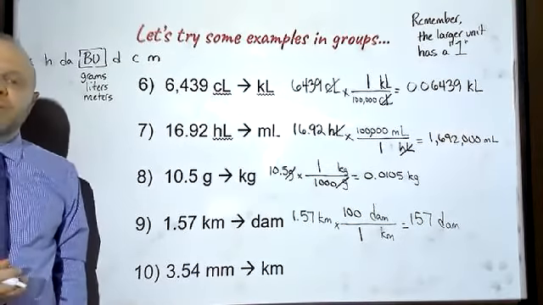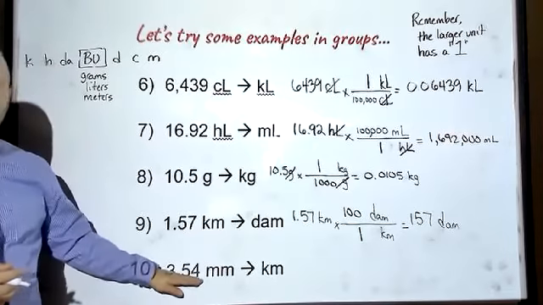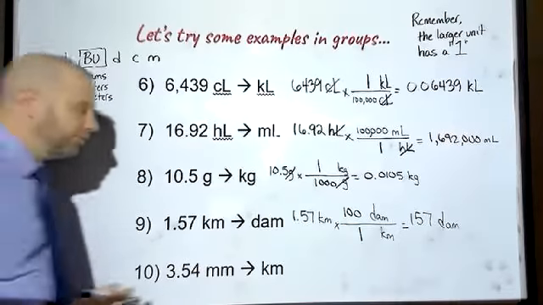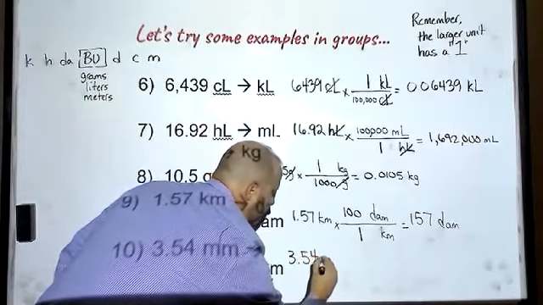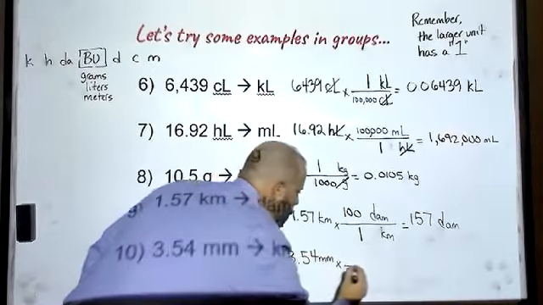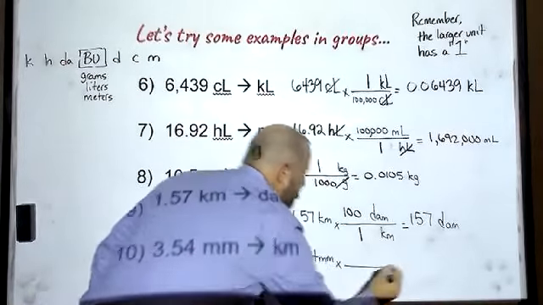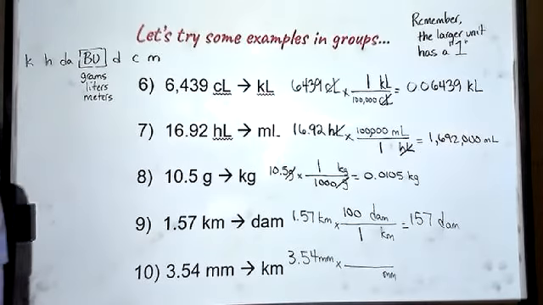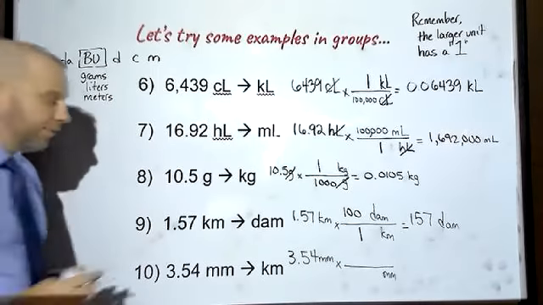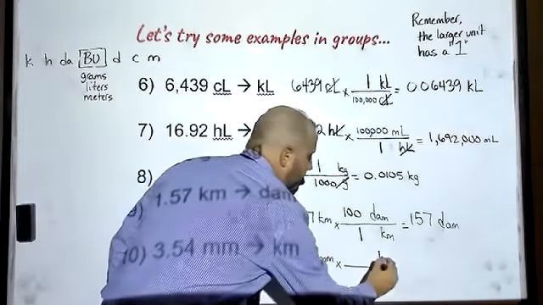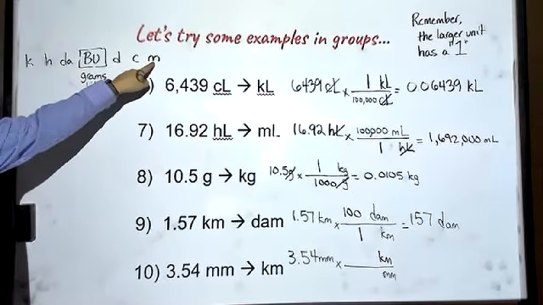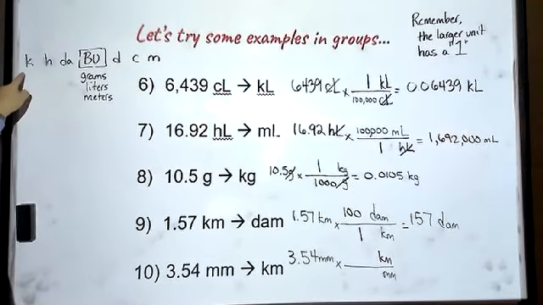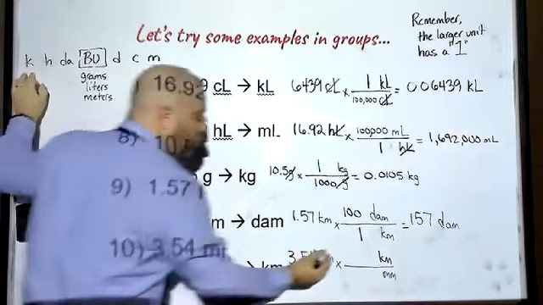And then finally, our last problem, we have 3.54 millimeters. I'm going to put millimeters at the bottom. We're going to the unit of kilometers, so km. So if we look at our chart here, milli is way down here, kilometers all the way over here. This side is larger, so kilometers is going to get the 1.